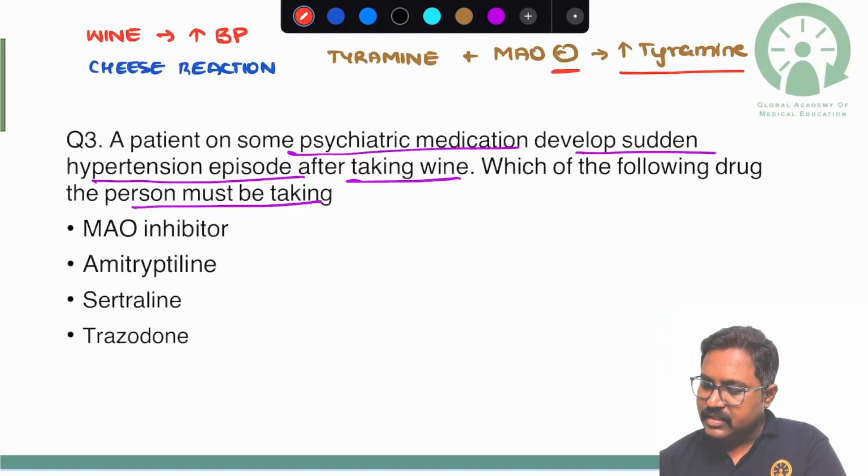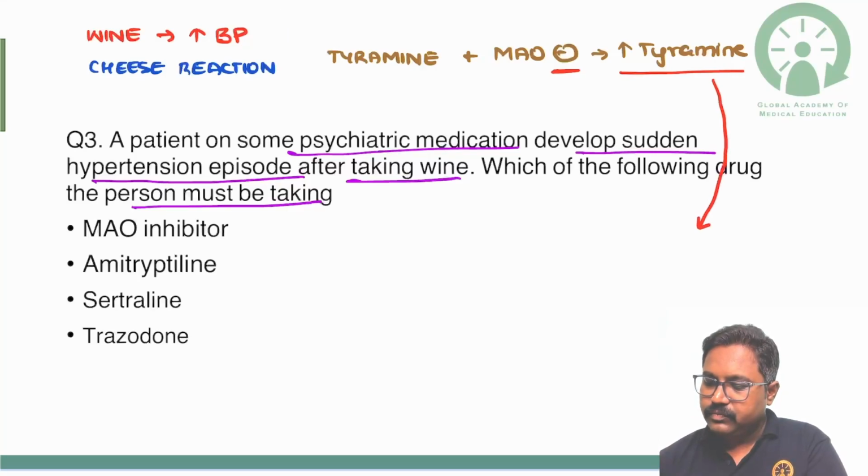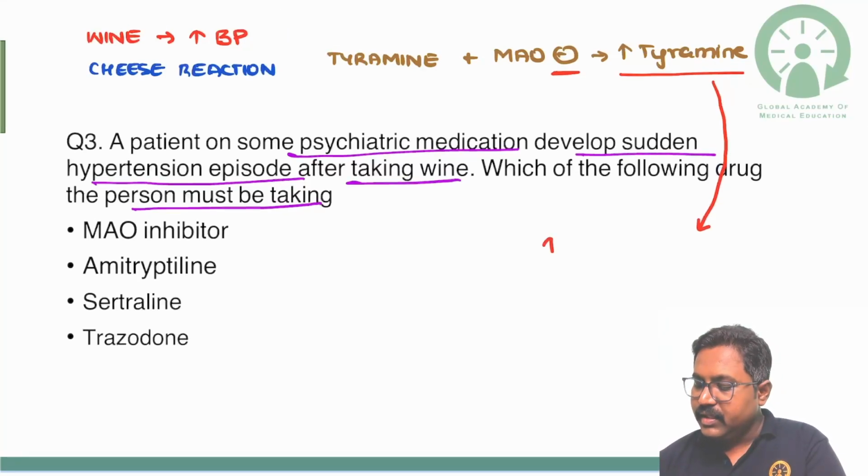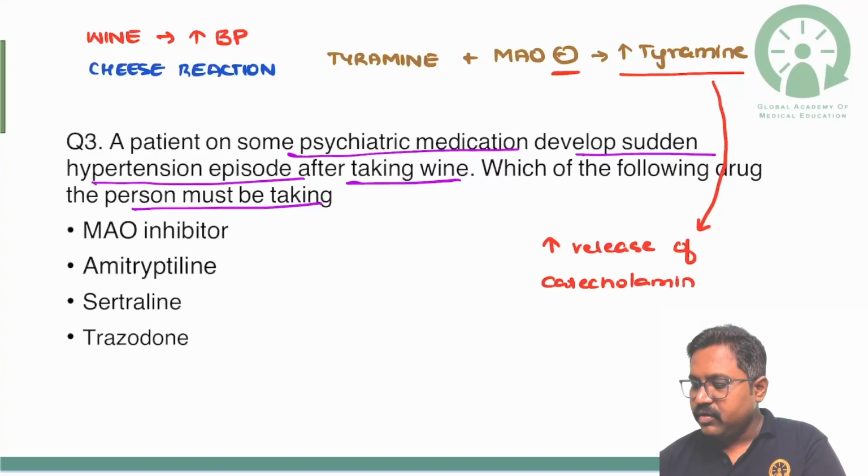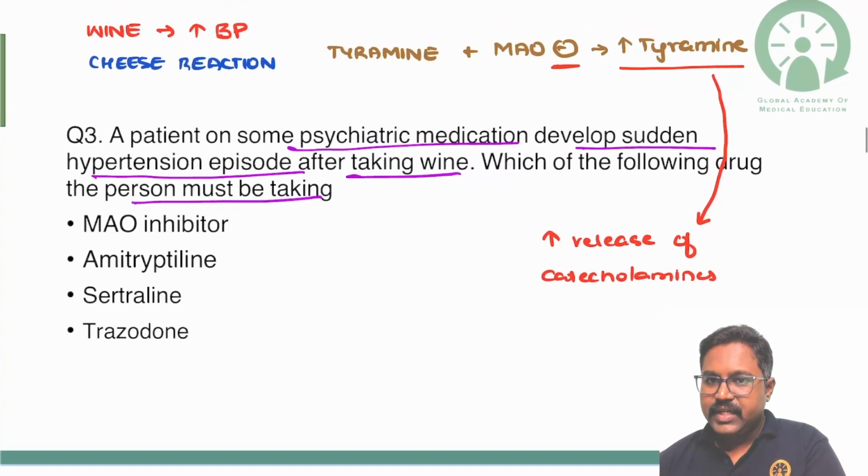So tyramine is going to increase the release of catecholamines. What will be the catecholamine here? There will be increased release of noradrenaline.